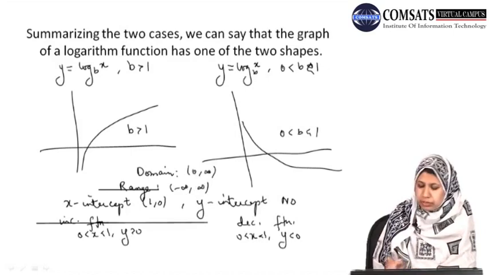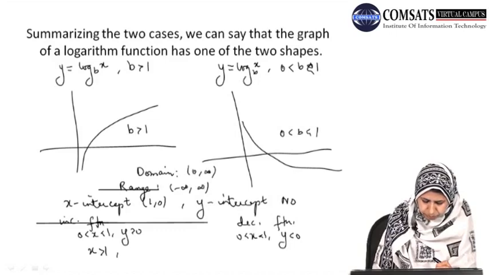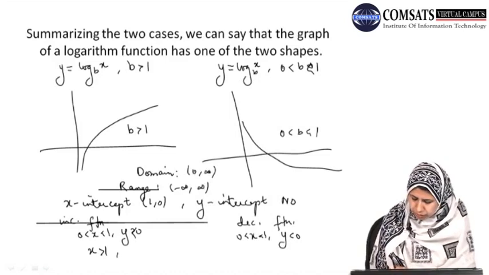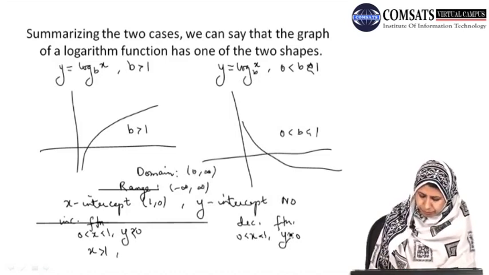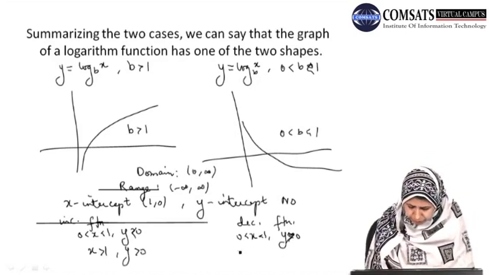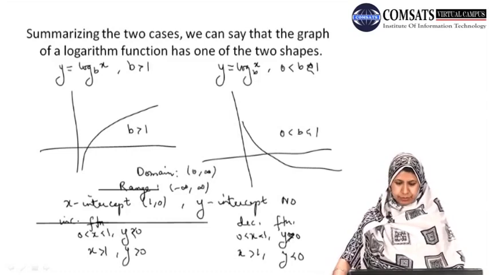For x equal to 1, both are 0. When x is greater than 1, y is positive for b greater than 1, and y is negative for b between 0 and 1.